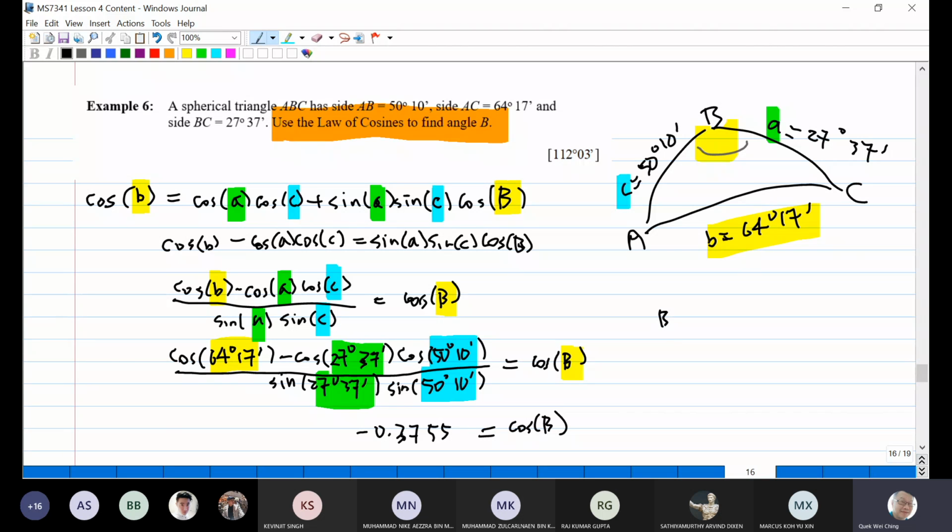B equals cosine inverse of minus 0.3755, and the answer is 112 degrees 03 minutes. This is how you can find the angle B.